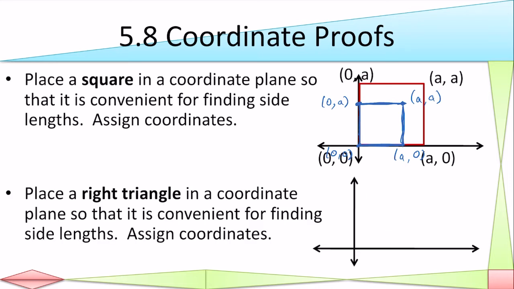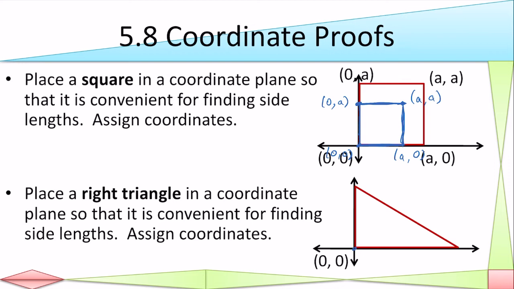Let's try another one. Let's place a right triangle in a coordinate plane so it's convenient for finding side lengths. If it's a right triangle, where do you suppose you'd want to put the right angle? That's right, probably here at the origin. So you'd probably want to make your right triangle like that. If we assign coordinates, that'd be 0, 0.